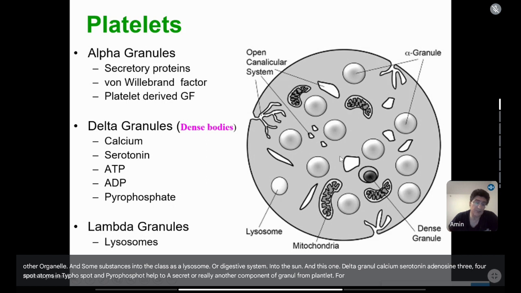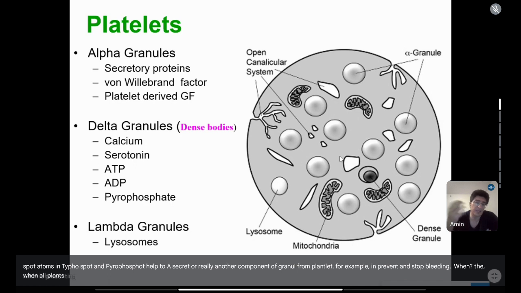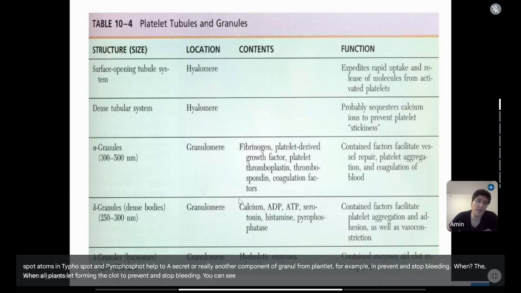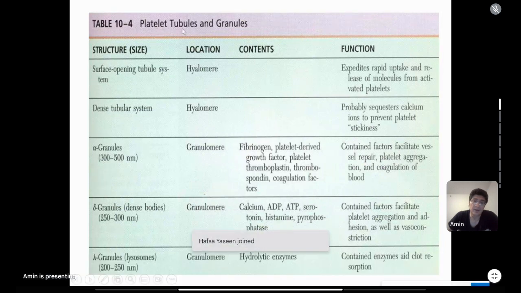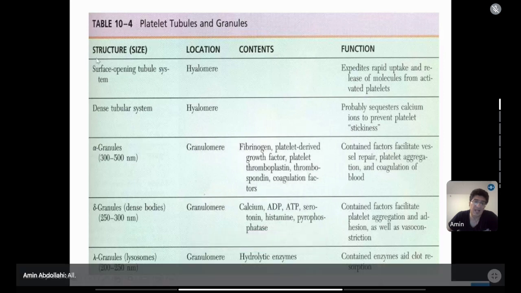For example, in preventing and stopping bleeding, when all platelets form the clot. You can see in this table all the structures in the platelet.